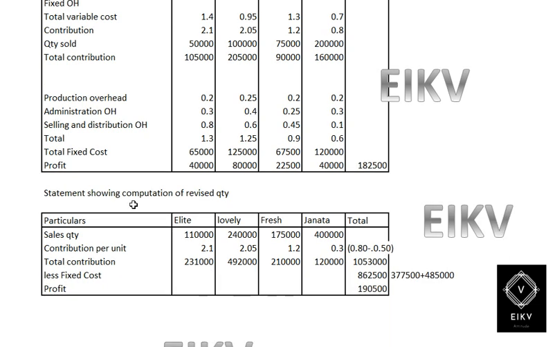Now we will go ahead and compute the proposal by the sales manager. First of all, we will take the quantities sold: 1,10,000, 2,40,000, 1,75,000 and 4 lakh.